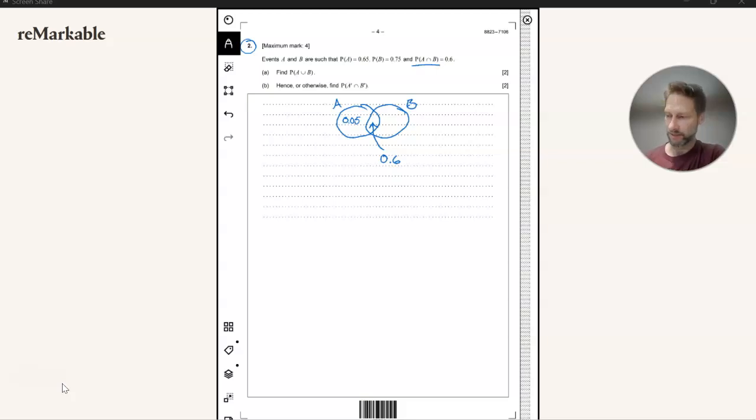If all of this is 0.75 and we already have 0.6 in here, then we have 0.15 left for this. But they're asking us to find the probability of the union, A union B. And if we already did this thinking work up here, we can really just add up. I'm just going to do that.